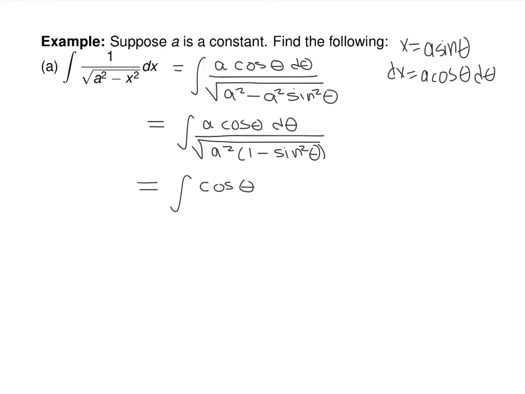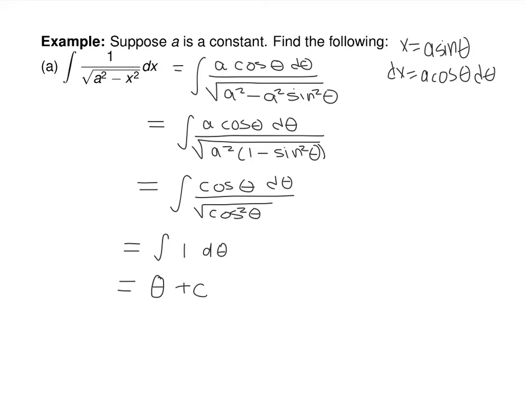So you have cosine of theta d theta over, well, 1 minus sine squared theta is just cosine squared theta, so look at that, the cosines cancel too. And once again, we have the integral of 1 d theta. And if the last one seemed like a trick, this one should really make you feel like you've been tricked, but you haven't. The antiderivative of 1 is just theta plus c.